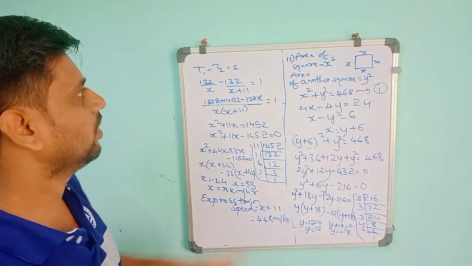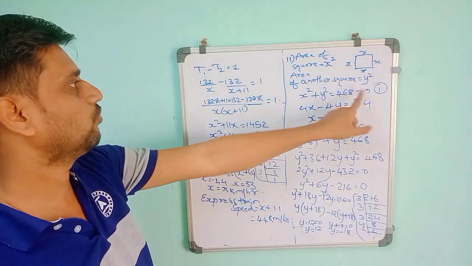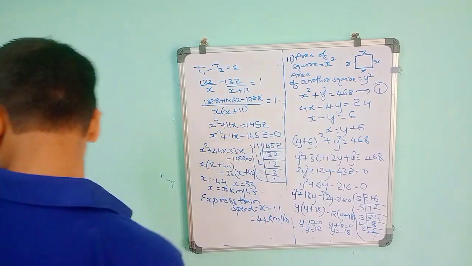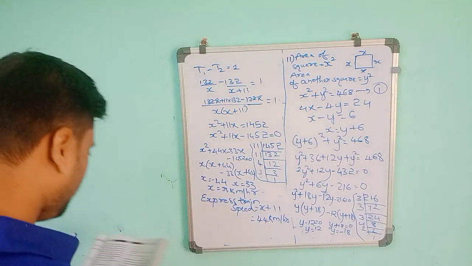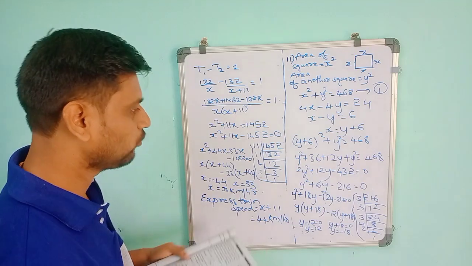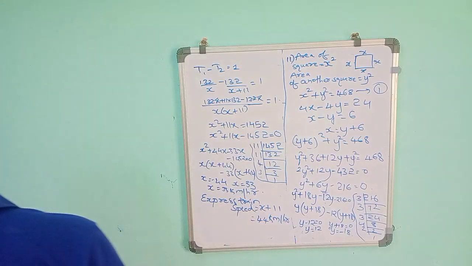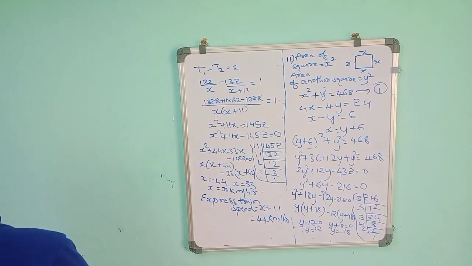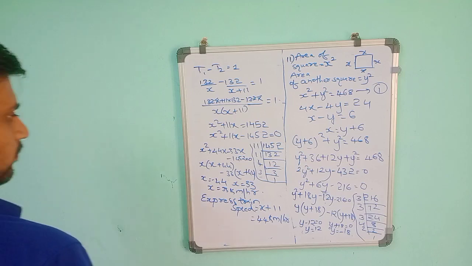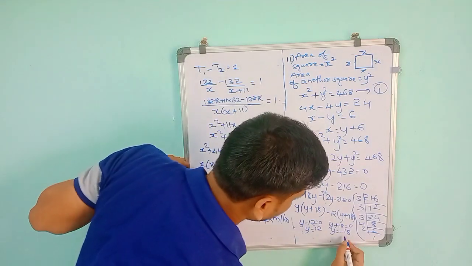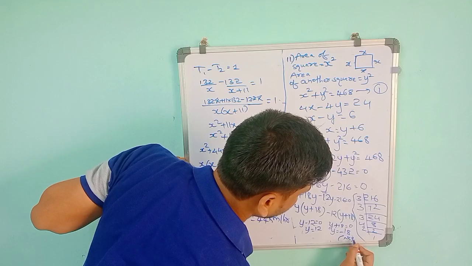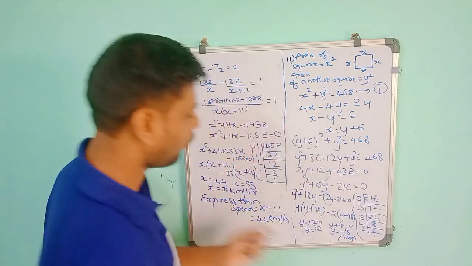So what they ask: area of the square is x square and area of the other square is y square. Then they ask you to find the sides of the two squares. So you have to find out the x and y value. This negative value is negligible because the side of the square will always be positive.